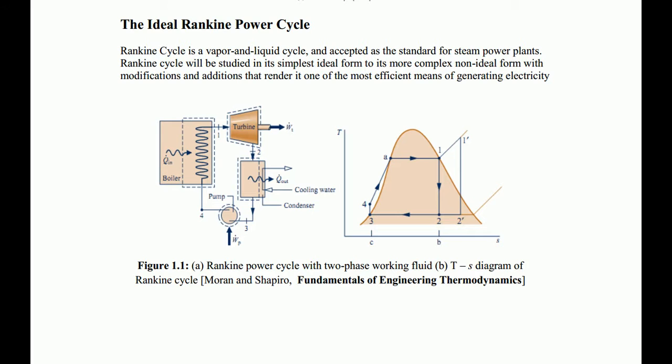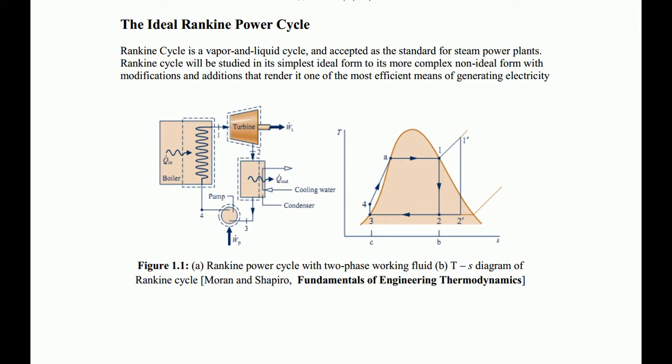Heat rejection is taking place in the condenser at constant pressure. From 2 to 3 we have a lower pressure, and to circulate that water we need a pump from state 3 to 4. What does that pump do? It increases the pressure of water, to take it to the boiler again and recycle it for further working, as it is a cycle.